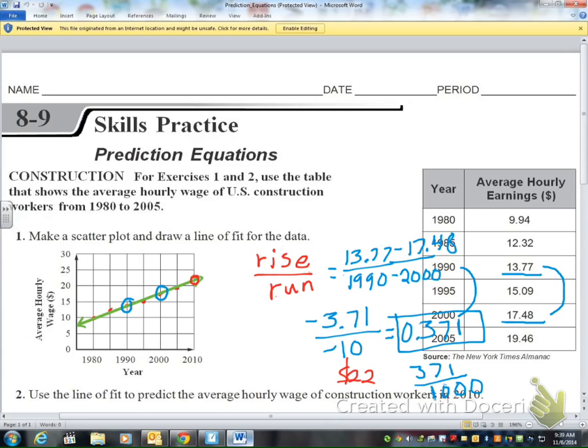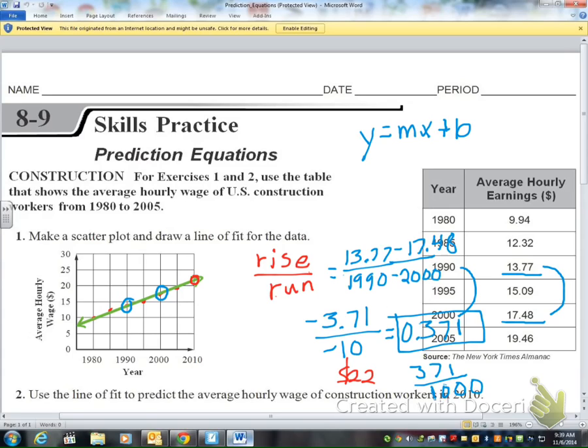All right, so once I have my slope, now we can do the exact same thing that we did in the previous section. You can either use y minus y1 equals the slope times x minus x1 and do point slope form, or we can use slope-intercept form, y equals mx plus b, and plug in what we know.